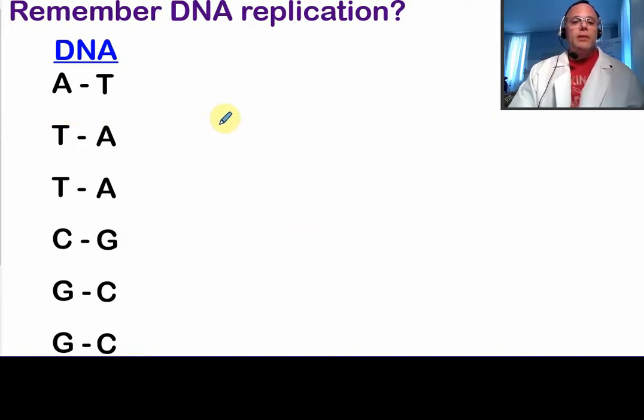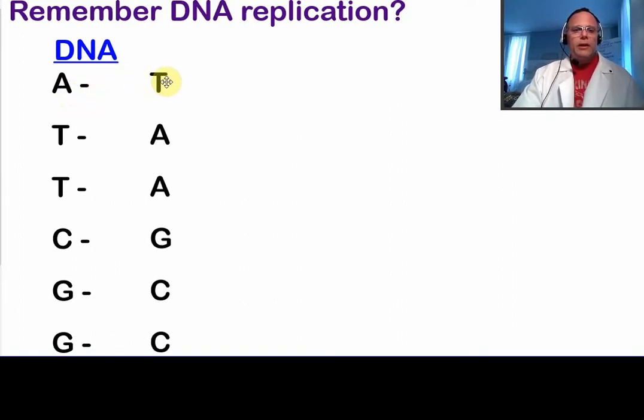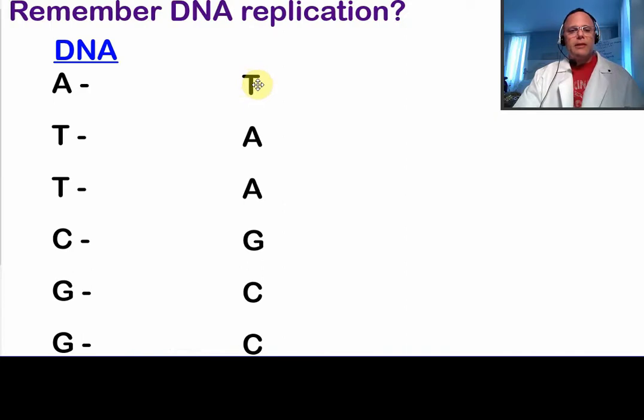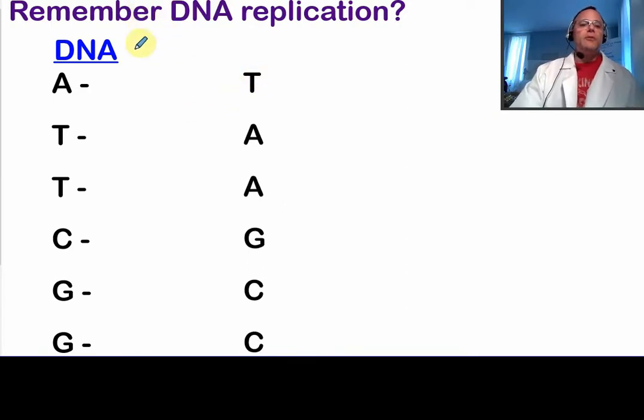Remember, we did something called DNA replication. In this DNA replication, we recognized just those nitrogenous bases because the phosphates and the sugars always go together. And we identified the DNA strands separating, unzipping with the use of an enzyme called helicase, and rebuilding the complementary strand.